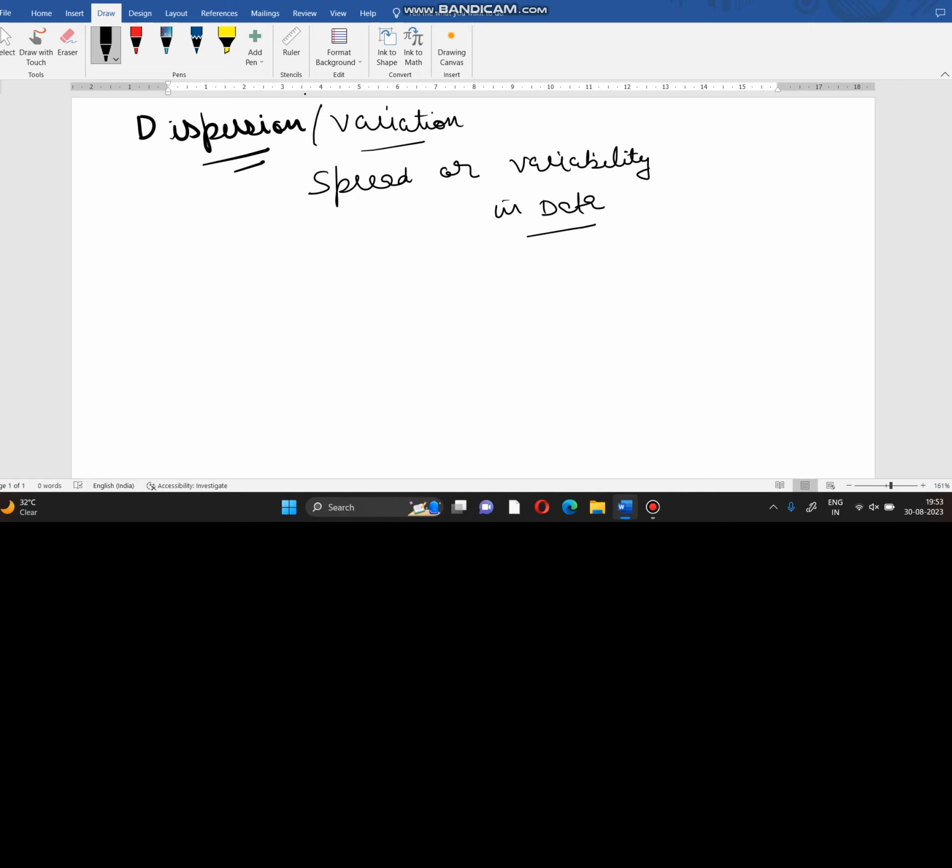It determines how spread out the scores are around the mean. Suppose we are taking the values along the x-axis and y-axis. This is the mean of these few values, and when we talk of dispersion, these are the points that vary from this mean point. It may be here, here, anywhere.